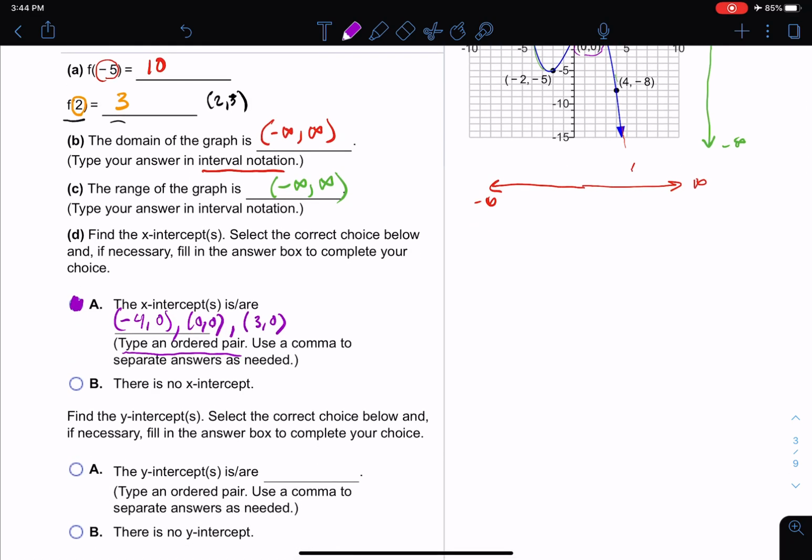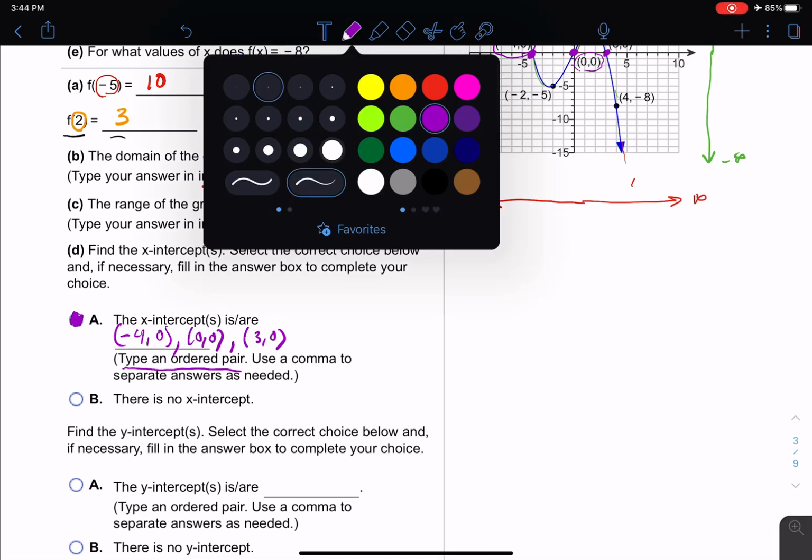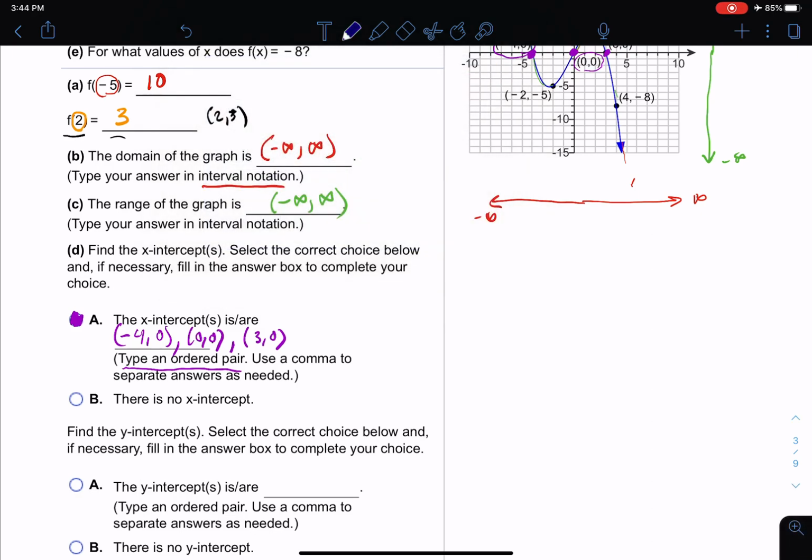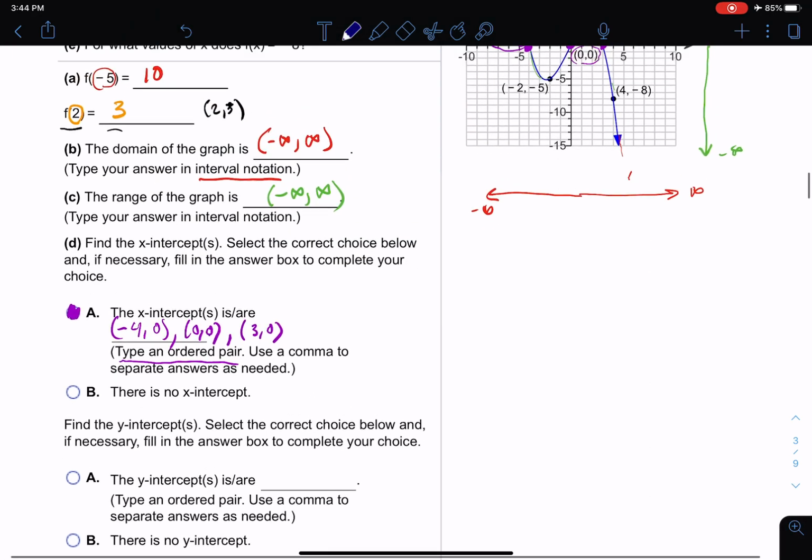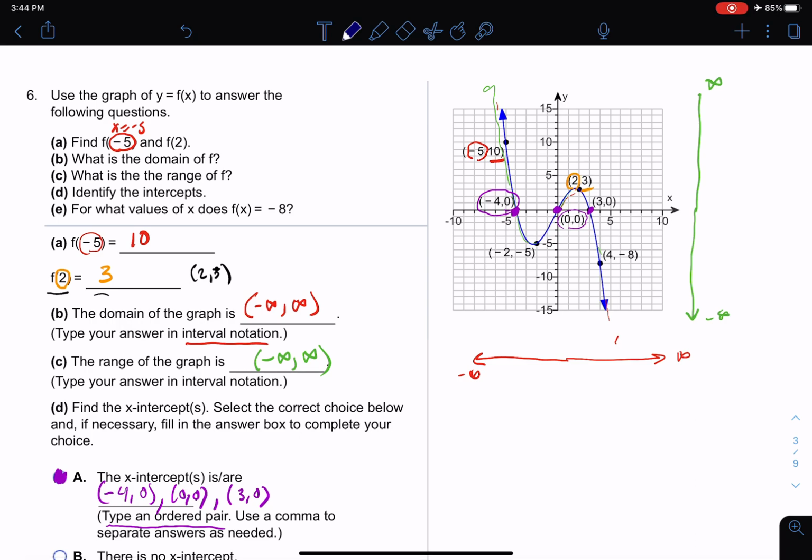How about the y-intercept? I'm running out of color on this problem. How about if I use this really dark blue? So how about the y-intercept? Where does this graph cross the y-axis? This is the y-axis right here. Well, it crosses right there.